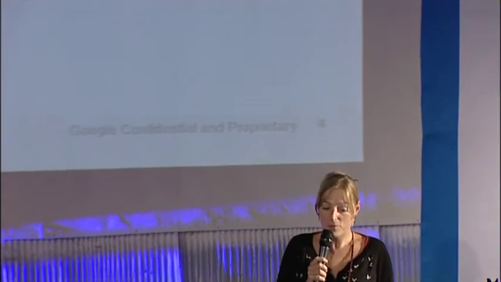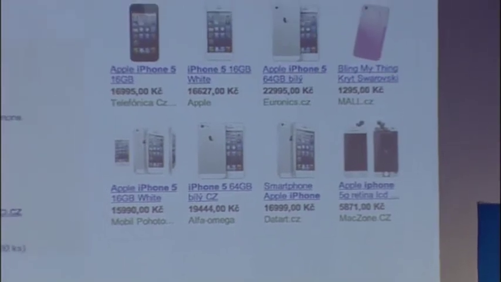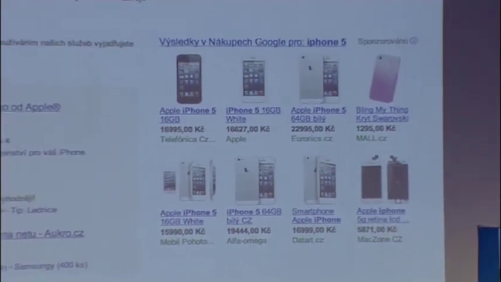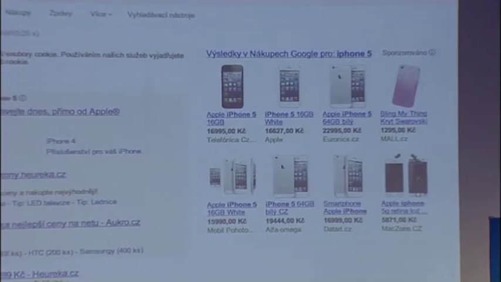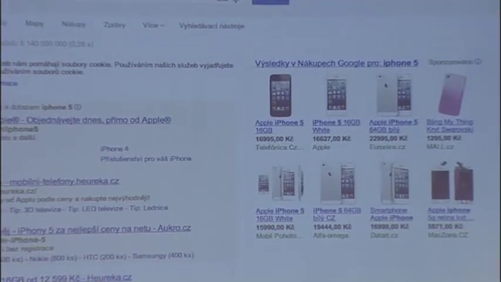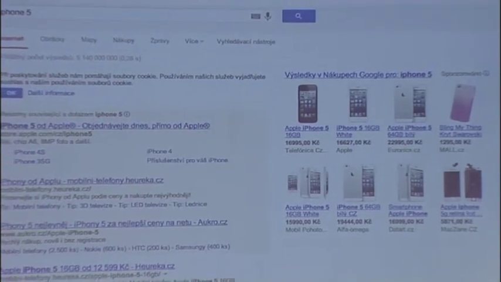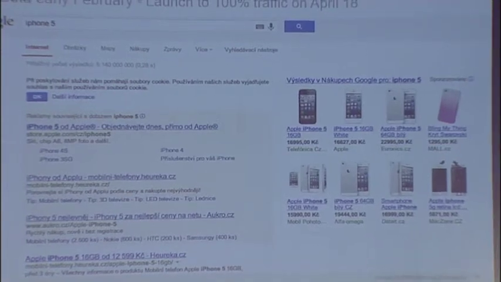The PLA format was launched in beta in February in Czech Republic. We started with very low traffic during the early stages of the beta, and then gradually we ramped up the traffic and we launched 200% traffic on desktop on April 18. So since April 18, you can do product listing ad campaigns in Czech Republic.